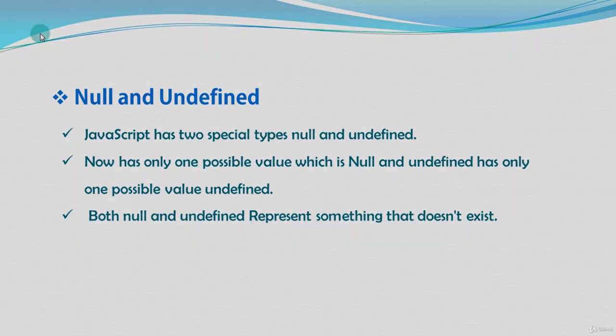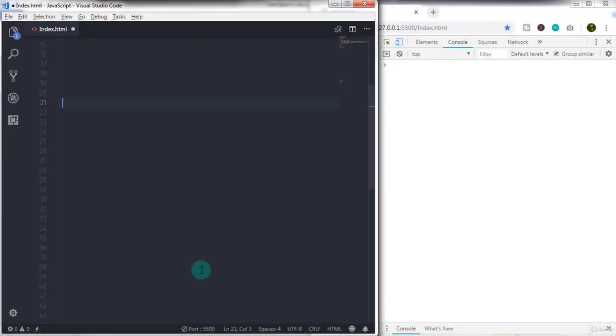So let's take an example. Now we'll first create let myValue and close this statement using a semicolon. If you print this, you will get undefined because it is the default value. Then we'll edit the statement and specify let myValue is equal to null.